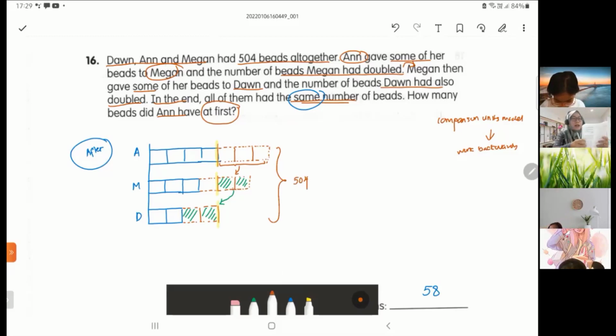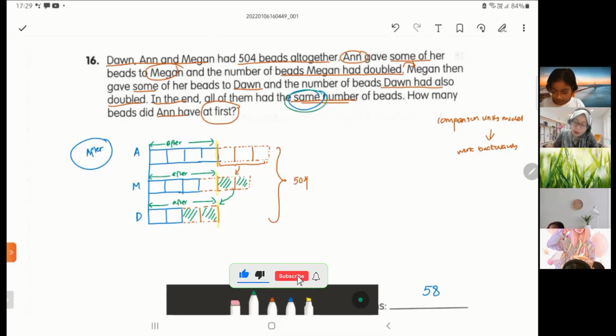Now we can start. Each of them has 4 units in the end. This is what they have after, as I mentioned just now. These are all their after, they are the same after, and they are all equal. Can you see the same number of beads? Anne had 7 units.